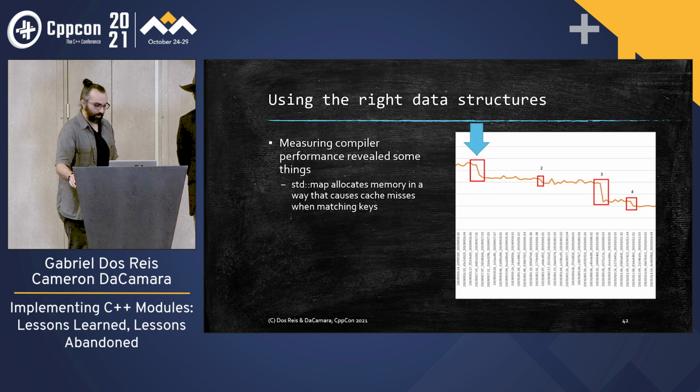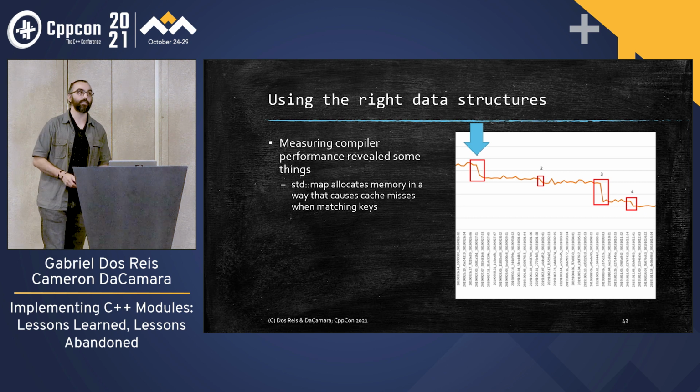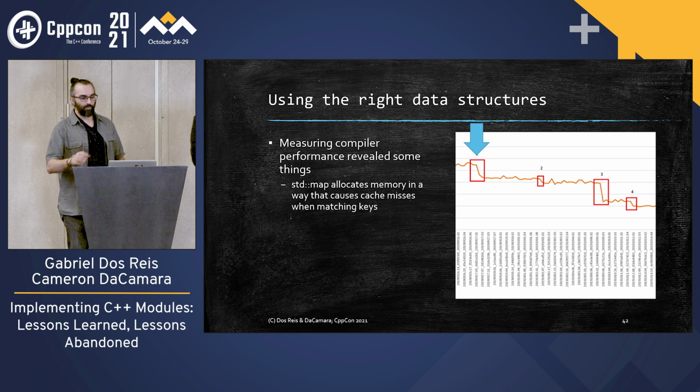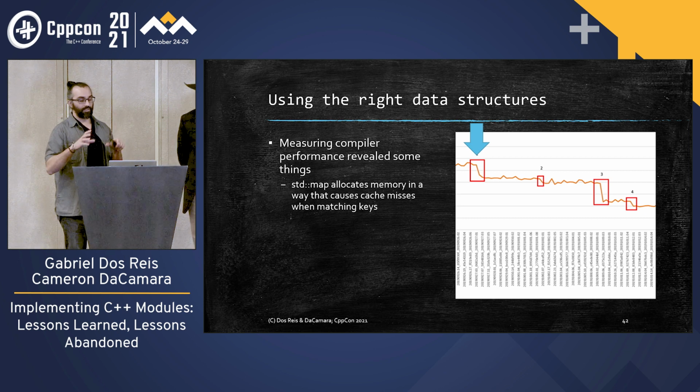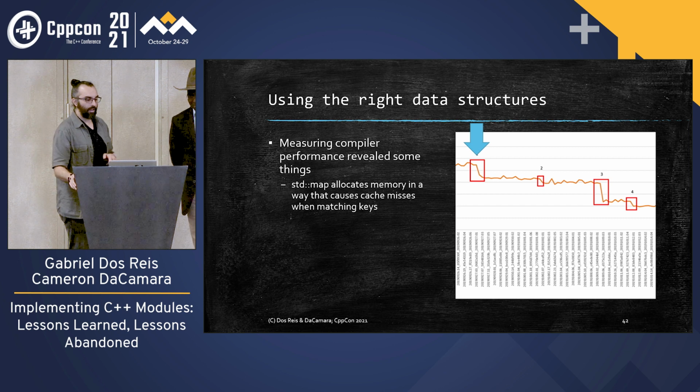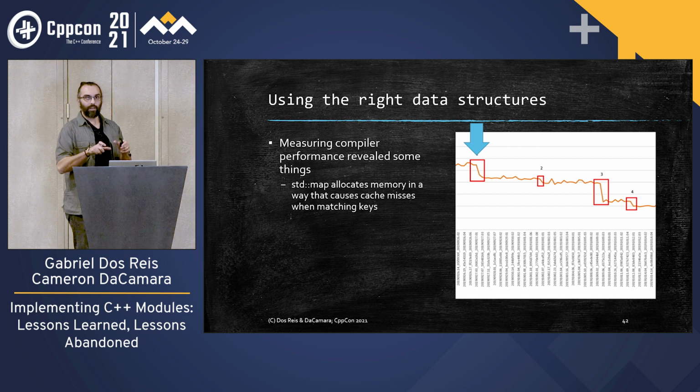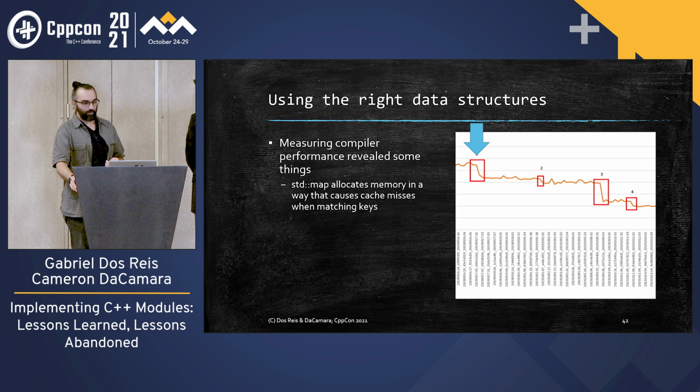Using the right data structures. When we were benchmarking the modules code, we found out that we were using a lot of std maps all over the place. And it turns out that std map, when it allocates keys, they're not very close to each other. So when you need to iterate a whole bunch of keys, that results in a pretty large perf overhead. What if we try to use something different?